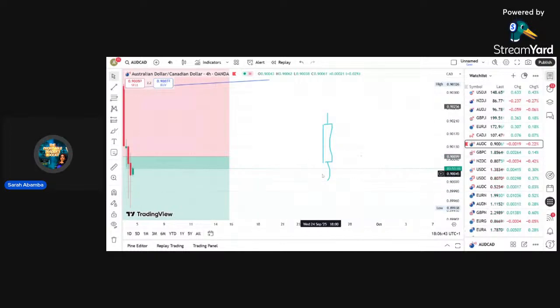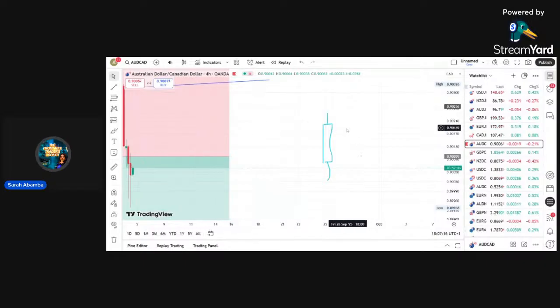Now the bottom part of the body is called the open, this is called the close, this is called the high, and this is called the low, which means the market opens here, it goes below to this place, but it goes back up, then it comes down and closes here. However, this is for a bullish candle. If it is a bullish candle, the open is below and the close is above.